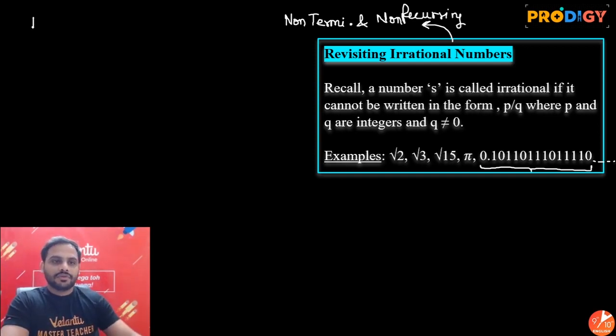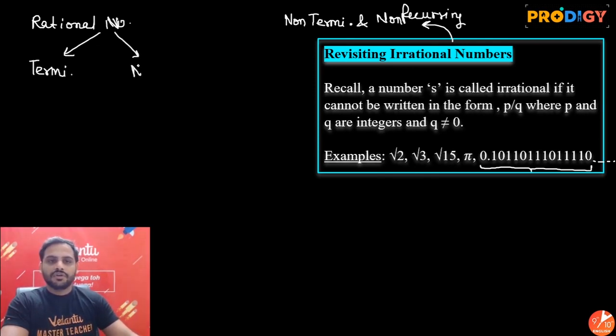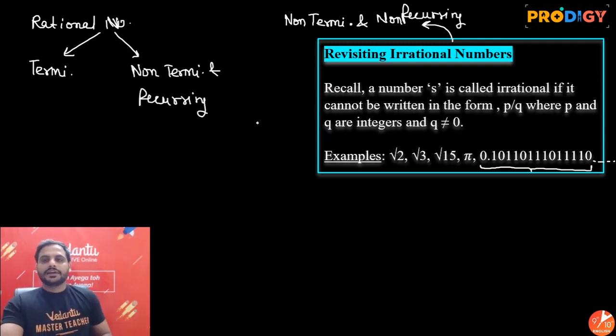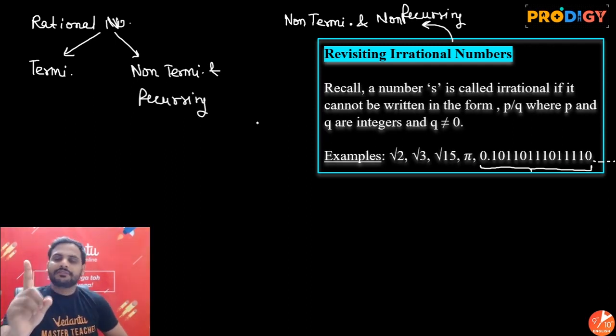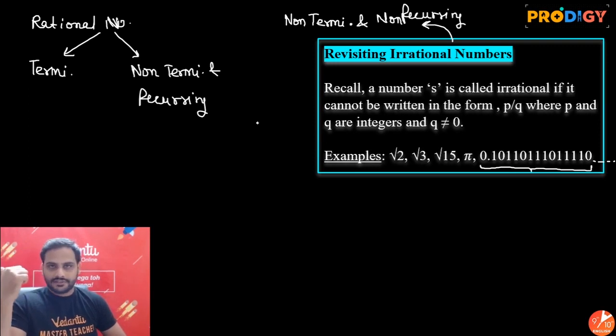And we also know that for a rational number, the decimal representation is either terminating or non-terminating but recurring. This we have learned in grade 9. So in this class, first we'll be learning how to prove that root 2 is an irrational number, or root 3 or root 5, like that.